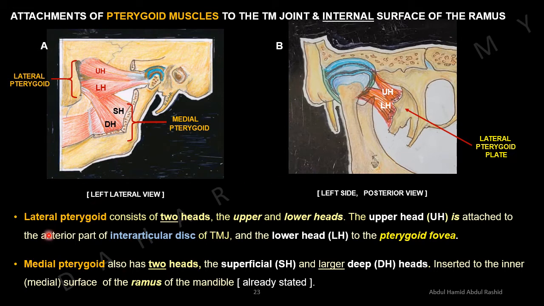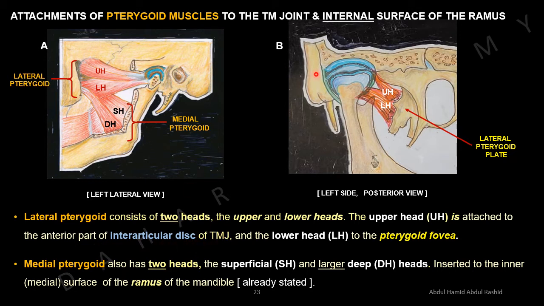First is the lateral pterygoid muscle. This is the one. It consists of two heads, upper and lower heads. If you see from behind, this is the upper and lower head of the lateral pterygoid muscle. The upper head is attached to the anterior part of the interarticular disc of the TM joint.